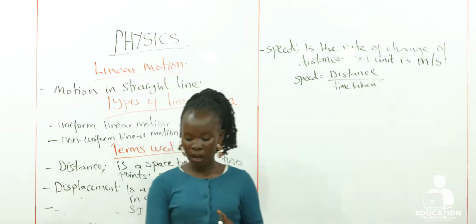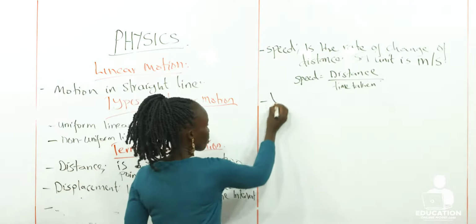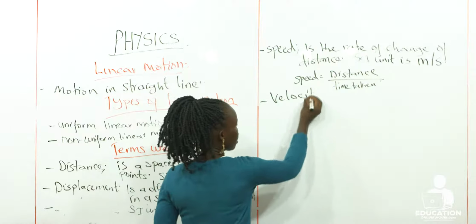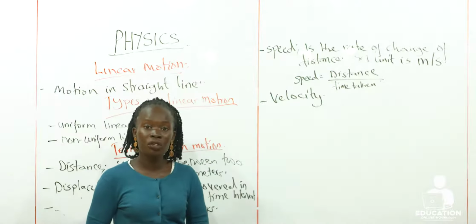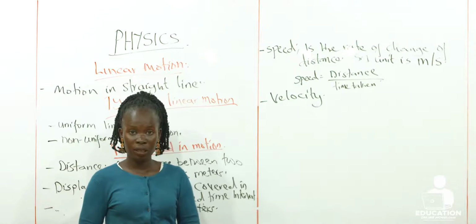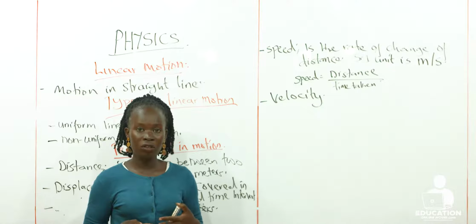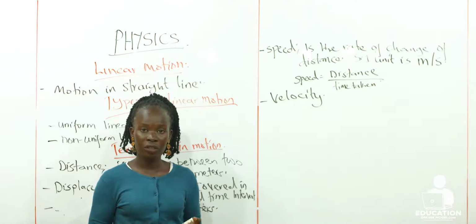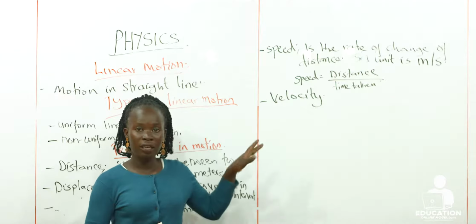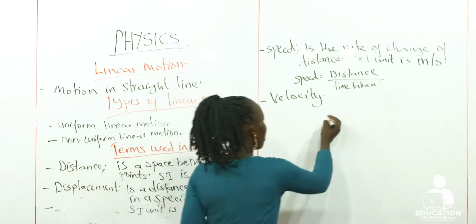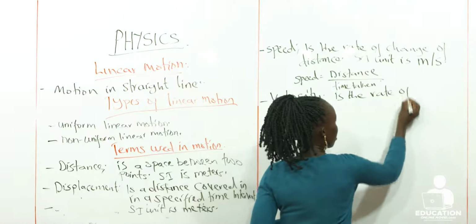So we have another term known as velocity. Our velocity is the rate of change of displacement. As displacement is changing, the velocity is being changed. As you're moving from one point to another, you're changing the velocity.